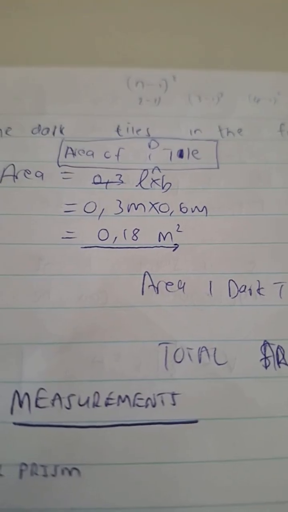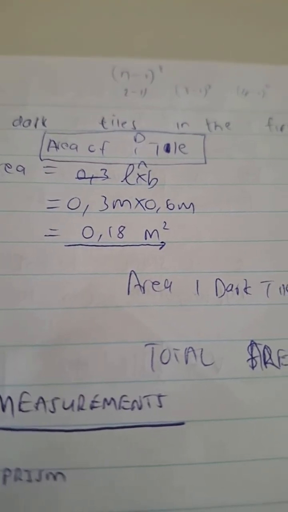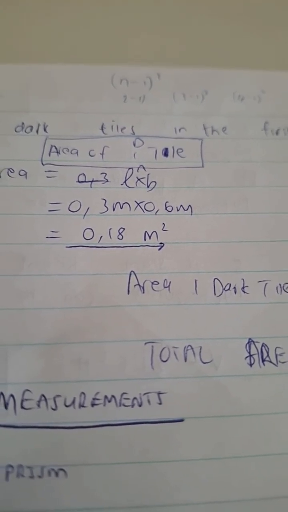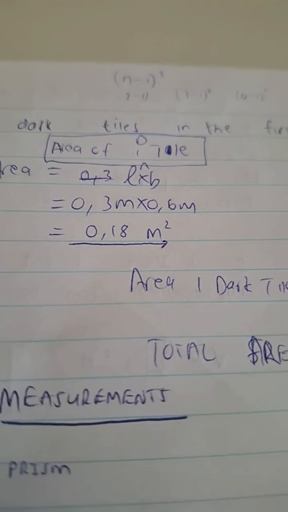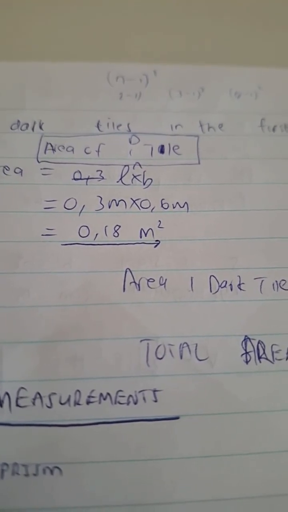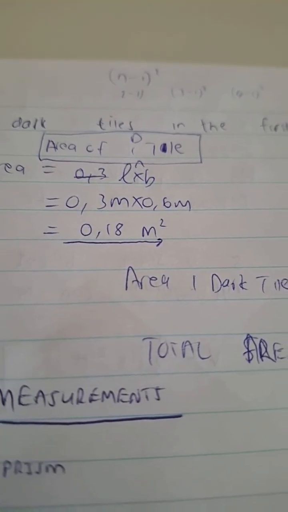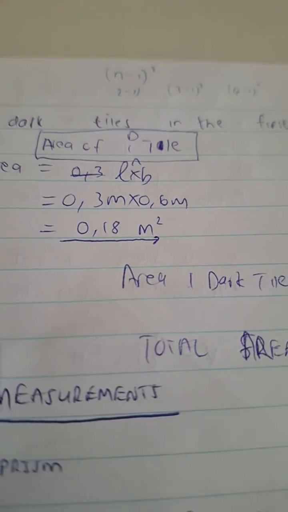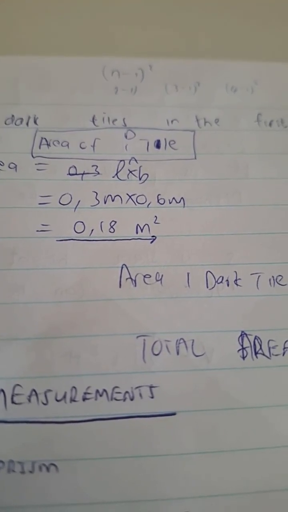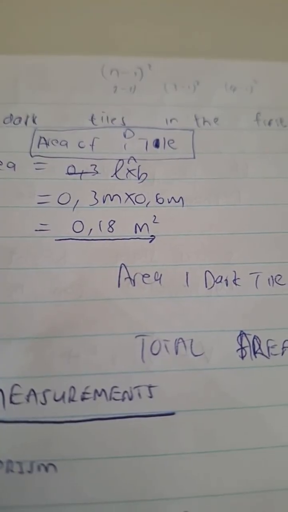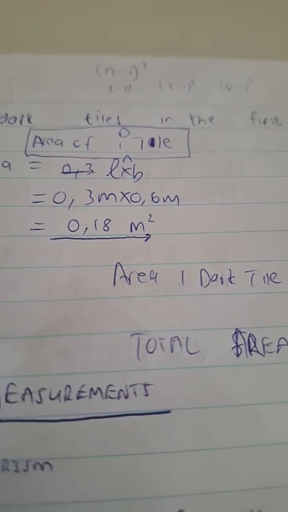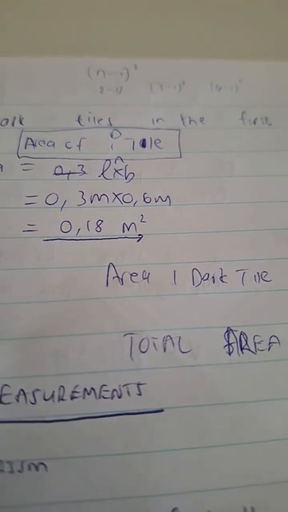And now I need to calculate the sum of the first 100 patterns for the dark tiles.